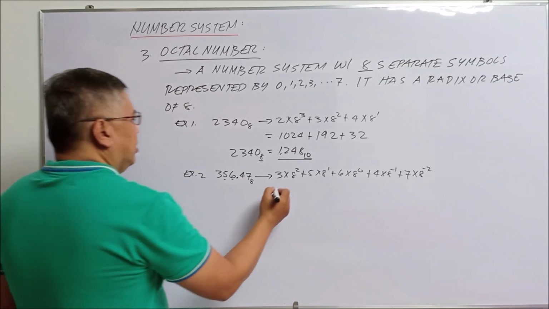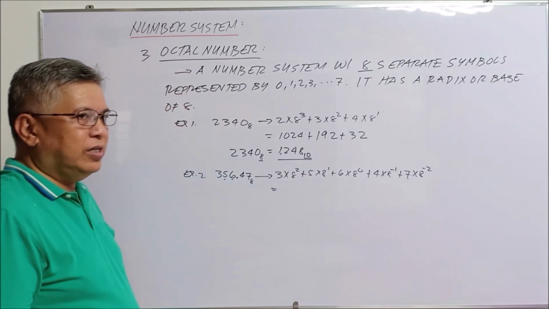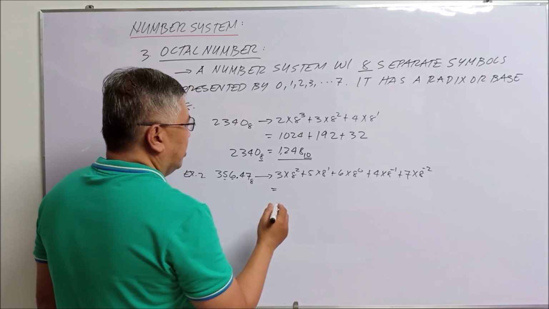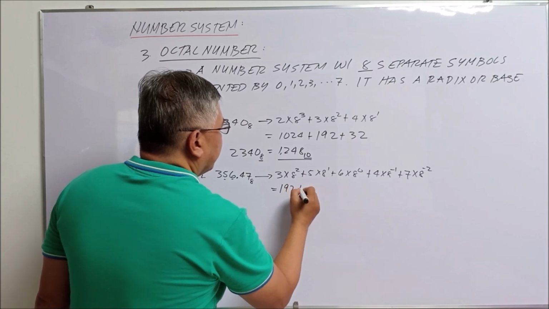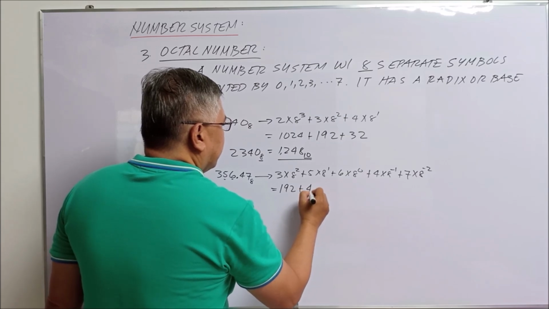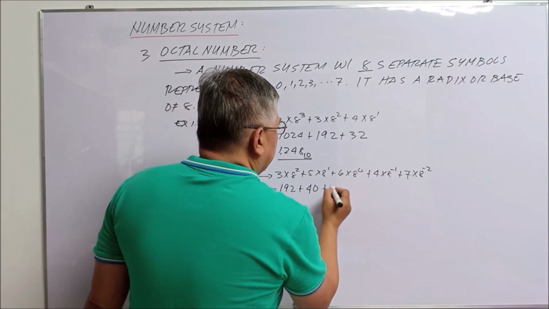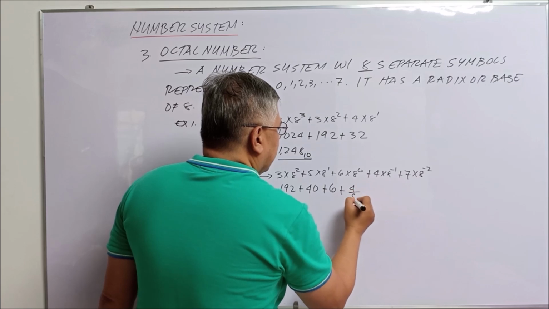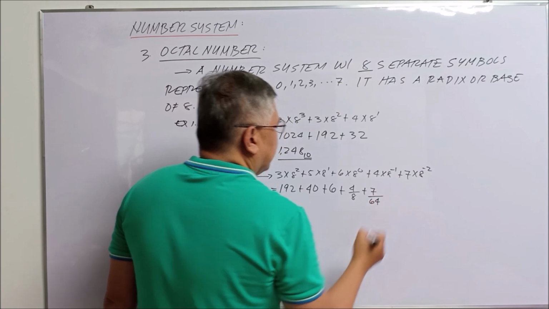So 8 squared is 64, times 3 is 192, plus 8 times 5 is 40, plus 8 to the 0 is 1 times 6 is 6, plus 4 over 8, plus 7 over 64.